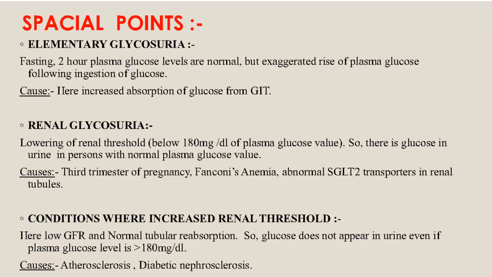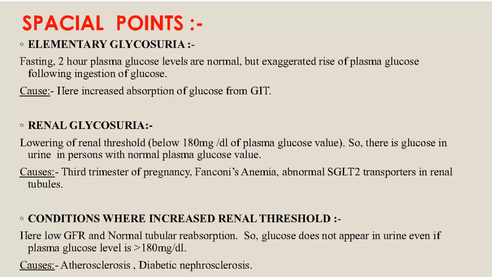It occurs physiologically in the 3rd trimester of pregnancy and in diseased conditions, Fanconi's syndrome, abnormal SGLT2 transporter in the renal tubules. Here the reabsorption of glucose in the tubules is defective. For this reason, the glucose is easily filtered by the kidney and it appears in the urine. This condition is called renal glycosuria.